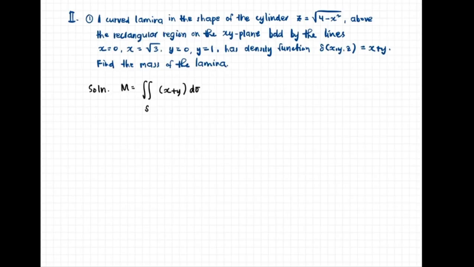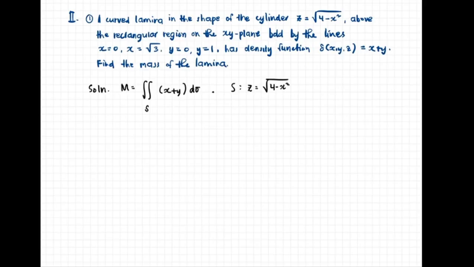Again, the surface S actually gives you the shape of the lamina or the shape of the surface. So for this case, S would be z equal to the square root of 4 minus x squared. The region on the xy plane is bounded by four lines: x equals 0, x equals square root of 3, y equals 0, and y equals 1.